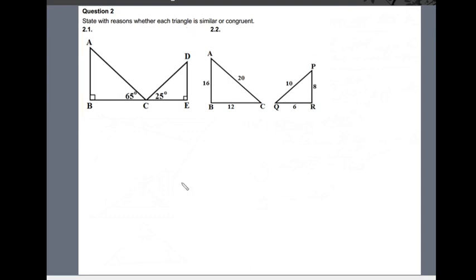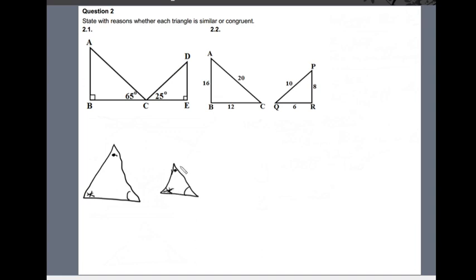So, similar triangles. One property about similar triangles is that the corresponding sides are in the same proportion and the corresponding angles are equal, right? So if I have a triangle like this and a triangle like this, if this angle is equal to that angle and that angle is equal to that angle, automatically this angle will be equal to that angle.